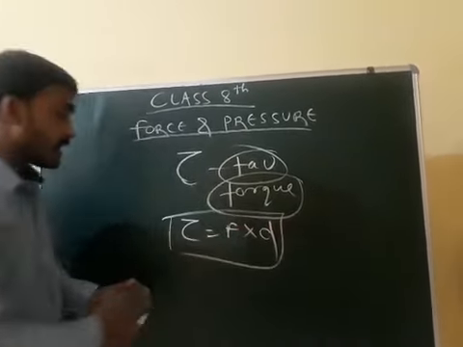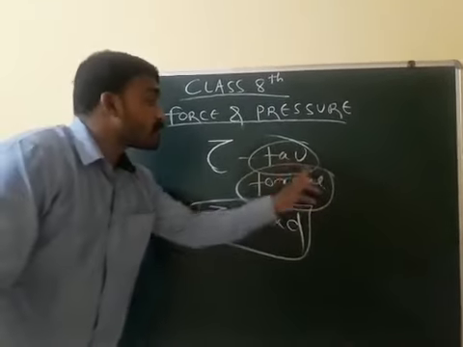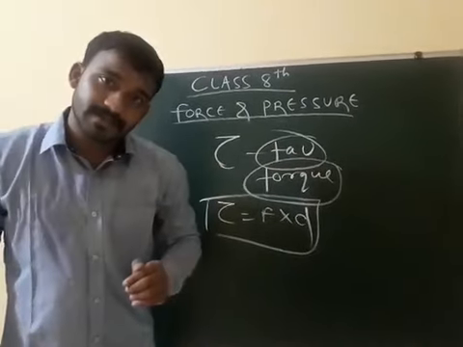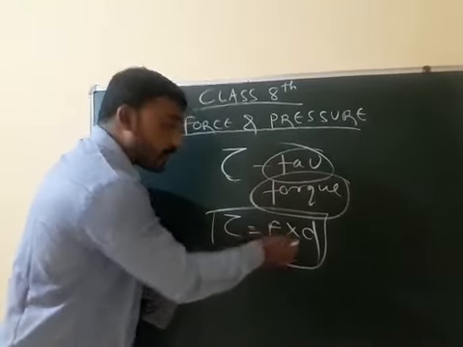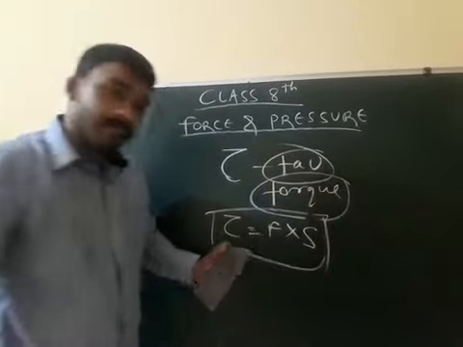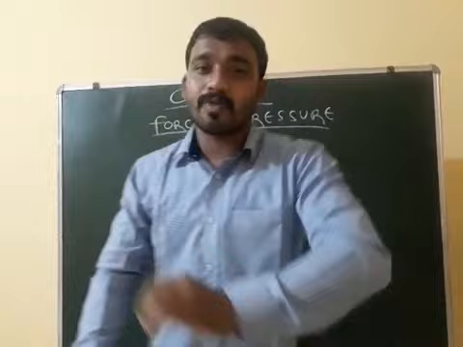This is the most important thing. Tau depends on force into displacement of the body from the pivoted point to the line of action of force. So tau is equal to F into S, you can also write F into D, no problem. So the question is coming now, what is the definition of moment of force?